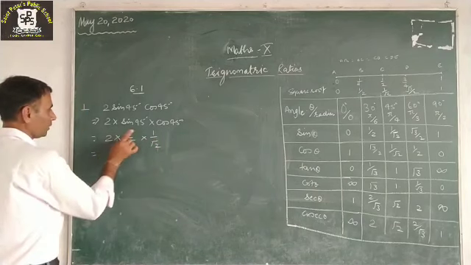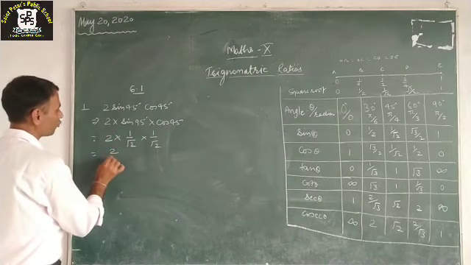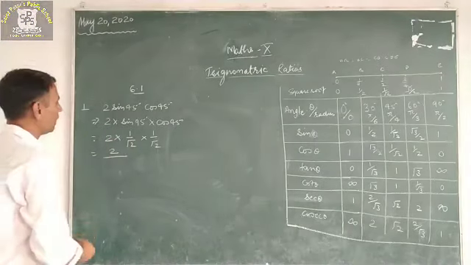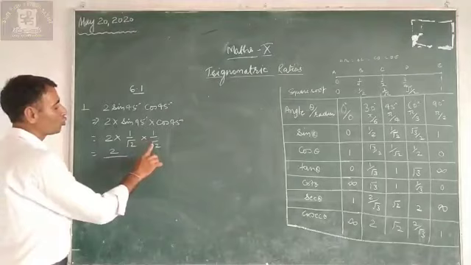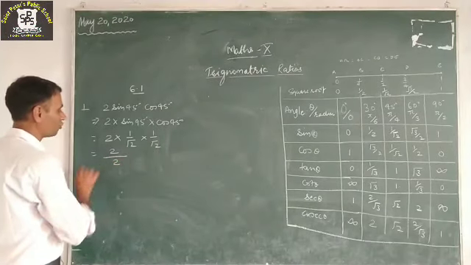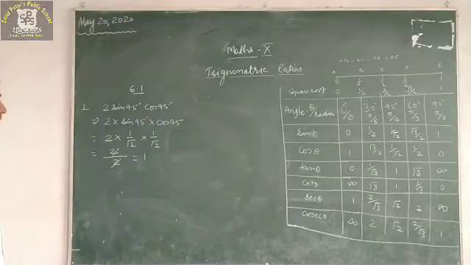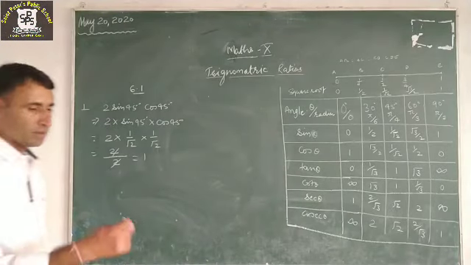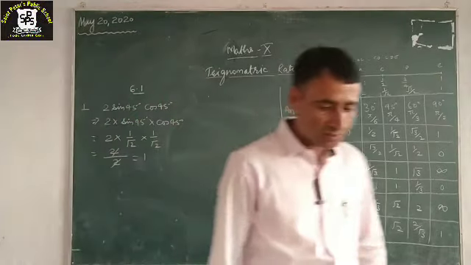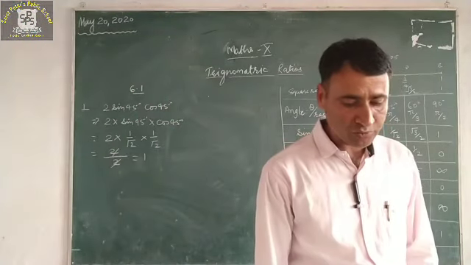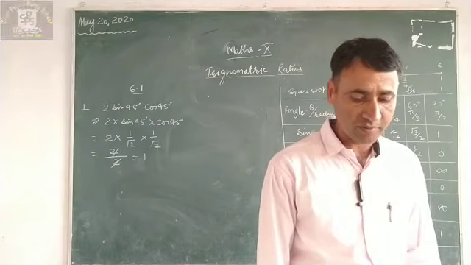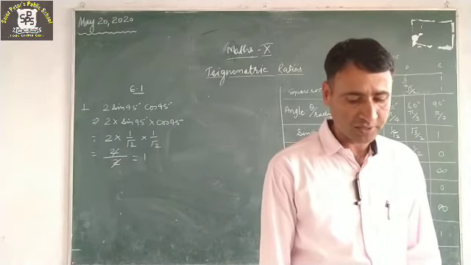Now we have 2 as the numerator, and if I multiply root 2 by root 2, then I get 2. So its final answer is 1. Does everybody understand? Now come to the next question, that's cos 45 degree into cos 60 degree minus sine 45 degree into sine 60 degree.